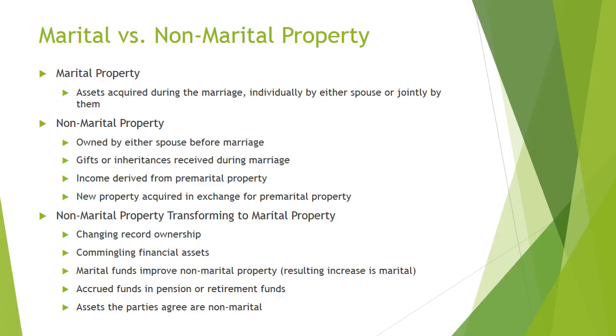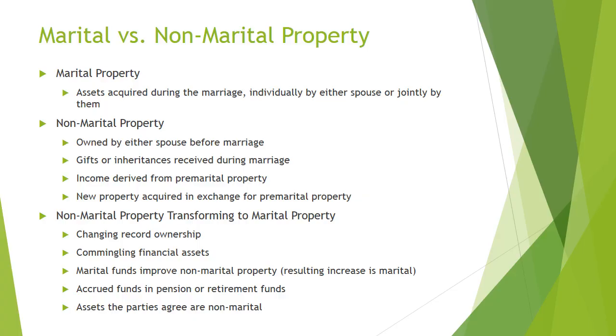Non-marital property, however, may become marital property under some circumstances, such as placing record ownership in both names, or in the case of financial assets, commingling with marital assets. I mentioned that earlier. When marital funds or labor are used to improve non-marital property, that resulting increase in value would be marital.